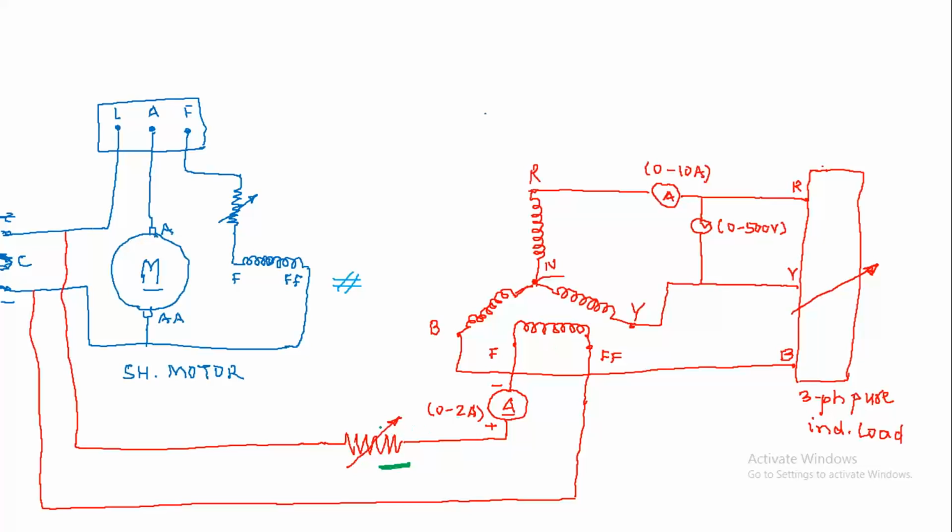So by controlling the excitation of the generator, you are controlling the flux, you are controlling the voltage induced in the armature winding, and using this rheostat you are adjusting the speed. Okay, because when we increase the load on the generator, what happens with the speed?